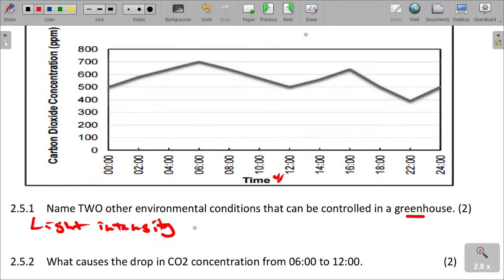We can also control temperature, because there is a shade, and that shade is controlling temperature. We can also control water or rainfall.